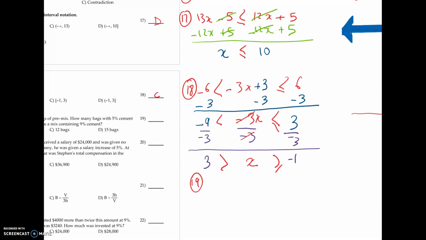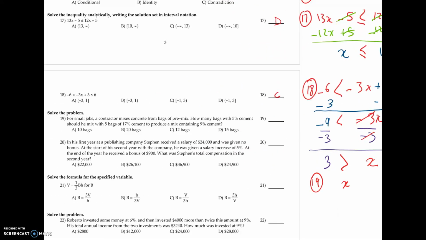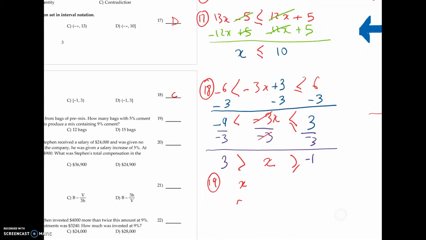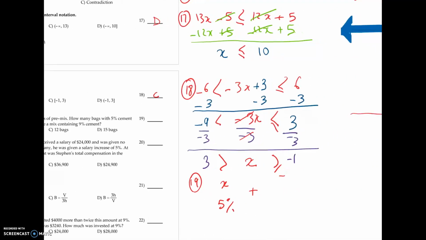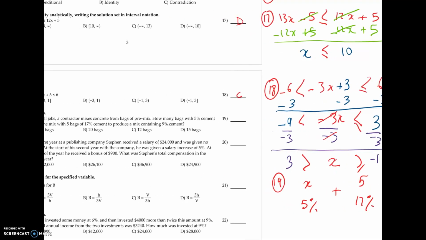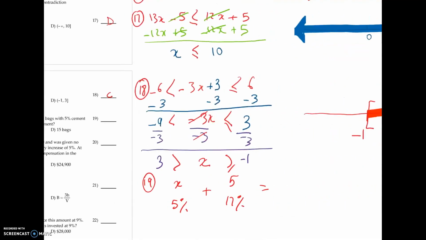Number 19, so we have x bags at 5% cement that will be added to 5 bags at 17% cement to finally end up with a mix containing 9% cement.